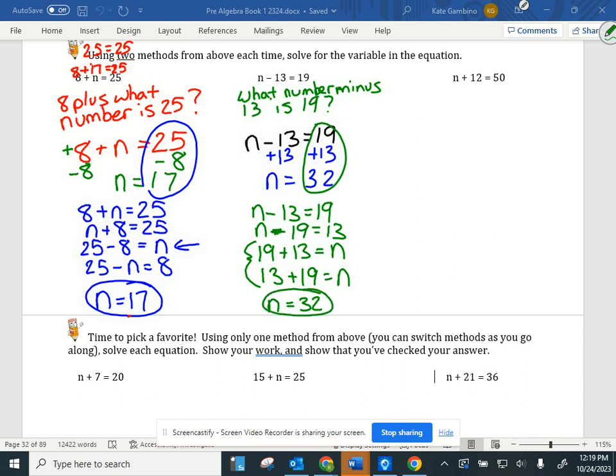I'm going to go back up and put it in. If I have 32 minus 13 equals 19, I know this side will equal 19. I need to borrow. So 12 minus 3 is 9, 2 minus 1 is 1. Look at that, 19 does equal 19. So I know my answer is truly n equals 32.